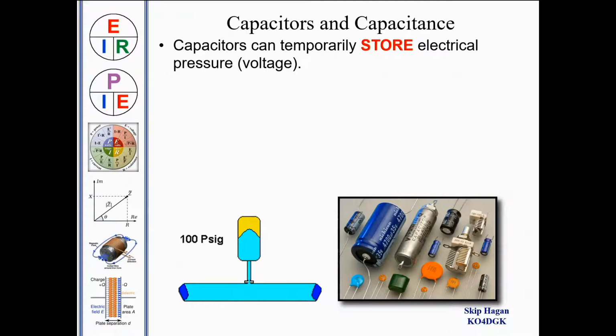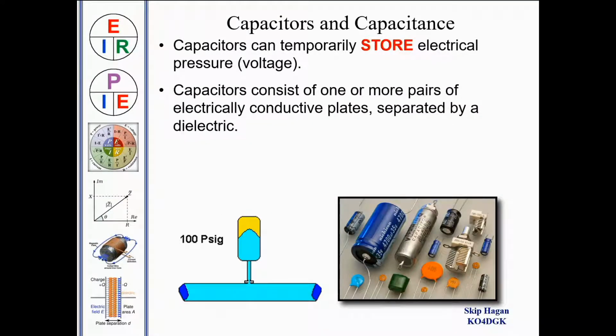Well, capacitors basically do the same thing. Capacitors can temporarily store electrical pressure or voltage. Capacitors consist of a pair or multiple pairs of electrically conductive plates that are separated by a dielectric, some non-conductive material, might even be air.